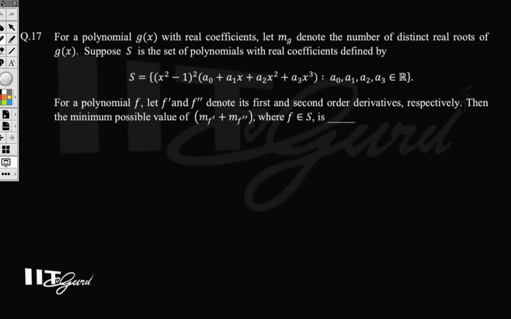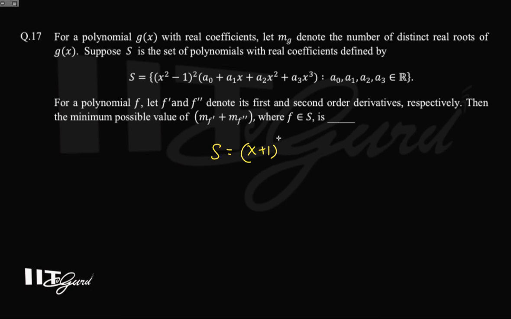Here S, we recall, is x plus 1 whole square, and here x minus 1 whole square, and another polynomial, that is a0 plus a1x plus a2x square and plus a3x cube.